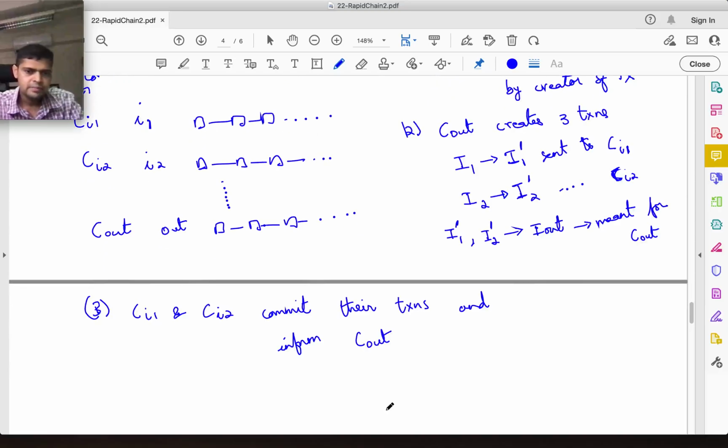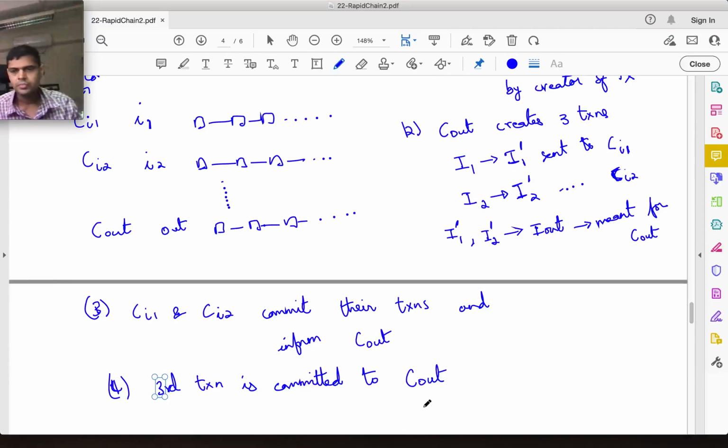And after this takes place, this third transaction is committed to this output shard, right? And this is of course the same output as the main transaction.